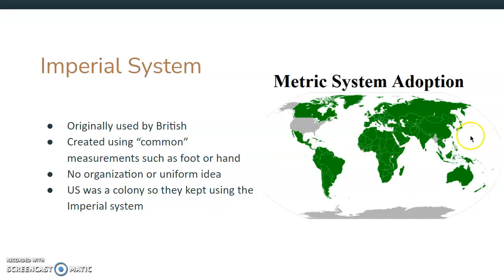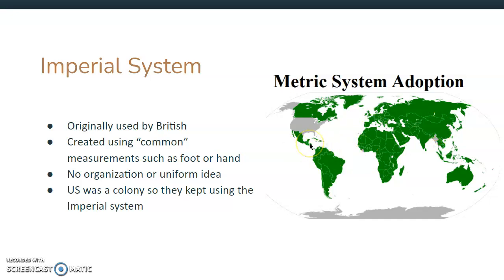There's also one or a couple other countries. Oh, I can't remember the name of this country, but there's one over here, and then I think there's one over here too. So there's 3 countries in the whole world that use this imperial system. And then the rest of the world uses the metric system, and some countries use both.